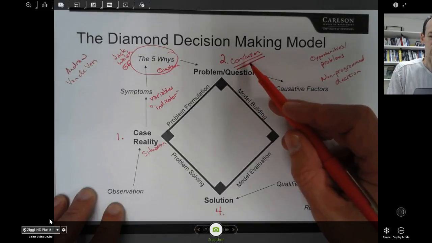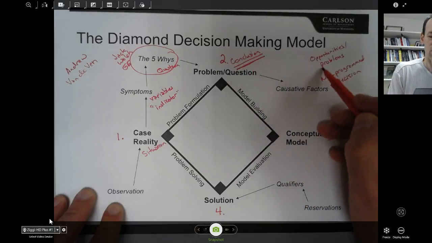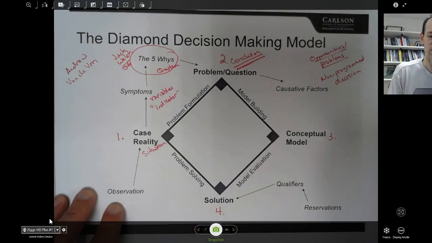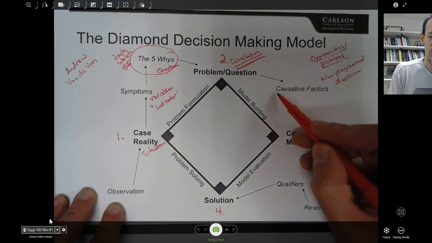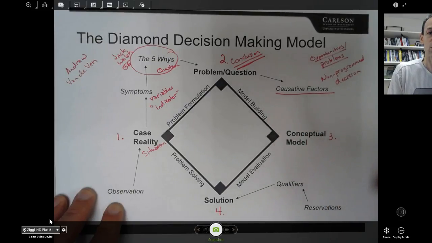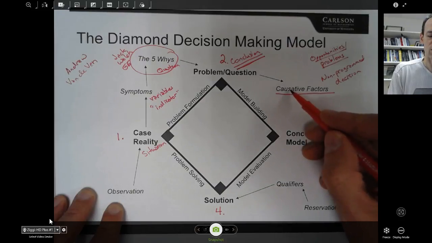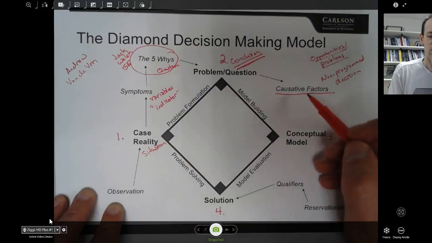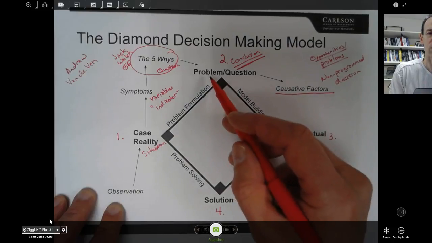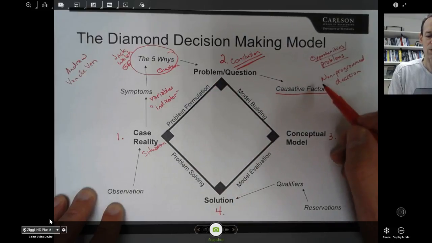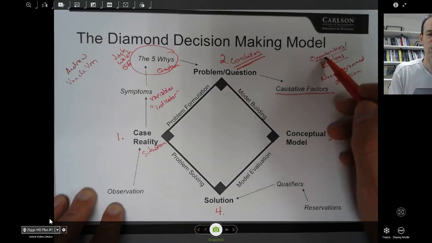Once you've reached that conclusion, meaning the problem or the opportunity that needs to be addressed, the next step is to identify the causative factors. When we're looking at causative factors, we're trying to identify what those causative factors are for a problem, or what those causative factors are for that opportunity.